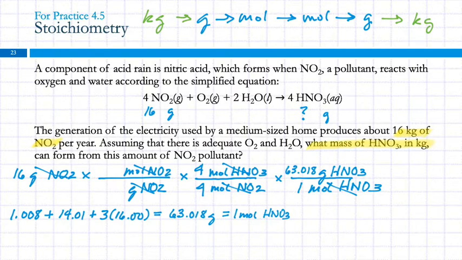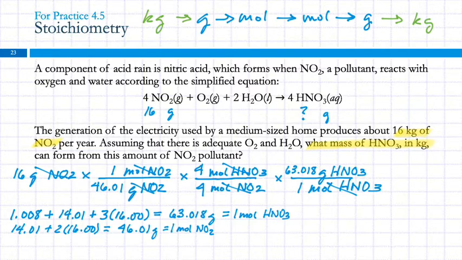And then I also need the molar mass of NO2, 1 nitrogen, and 2 oxygens, 46.01. Molar mass of NO2. So 1 mole of NO2 is 46.01 grams. Do you have any questions?